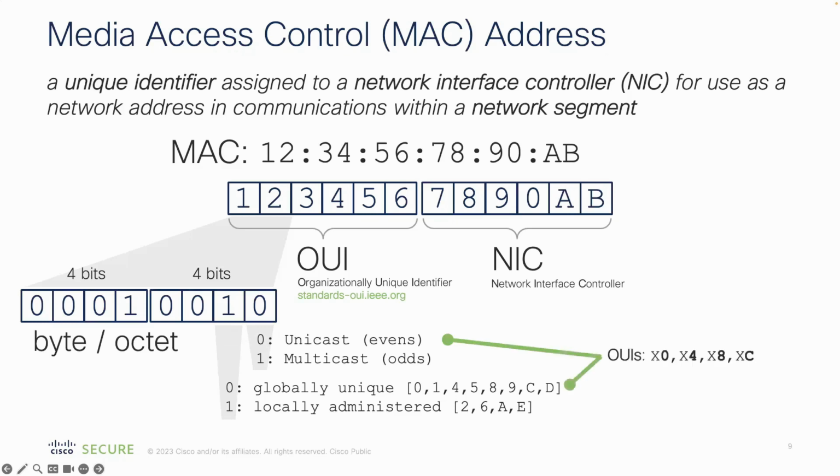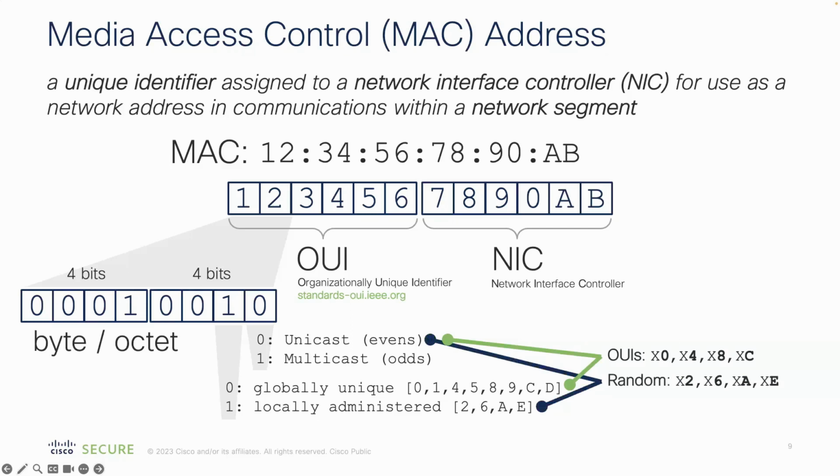And then if you put these things together, basically you'll find that all the OUIs that can be unicast by a particular vendor that are globally unique, that's how you get the OUIs. And so all the OUIs for all the different vendors you'll see begin with a 0, a 4, an 8, or a C. And then if you want to treat it as locally administered, that's how you can do a randomized MAC address.